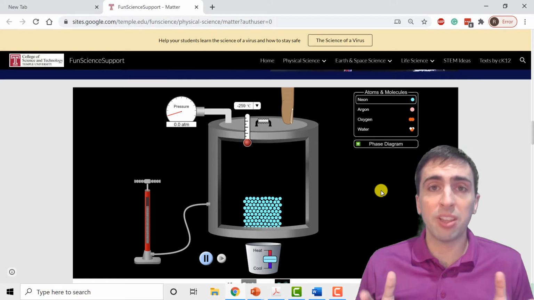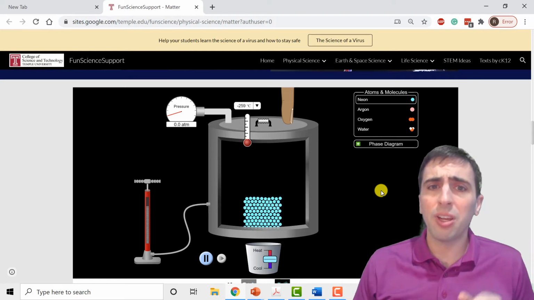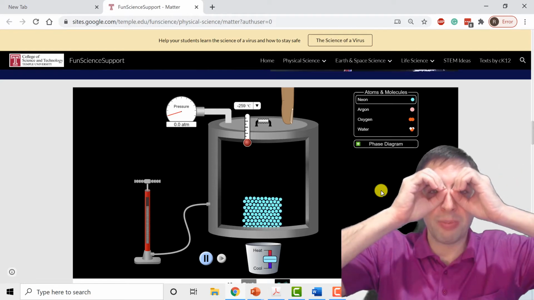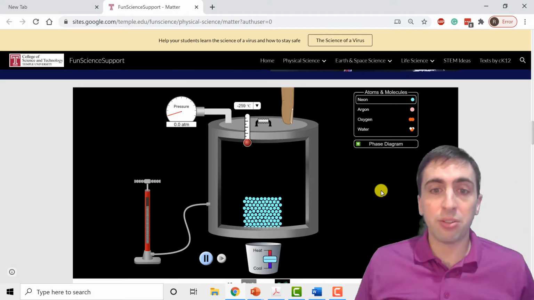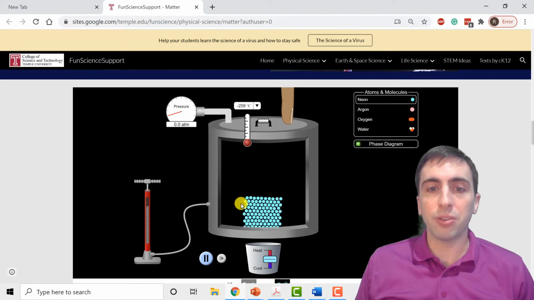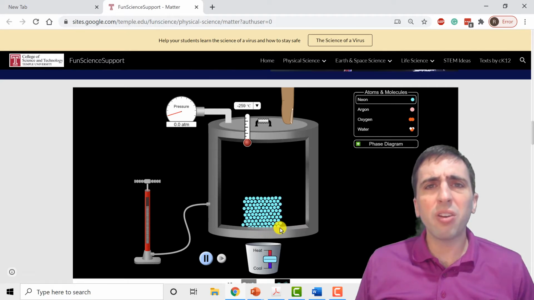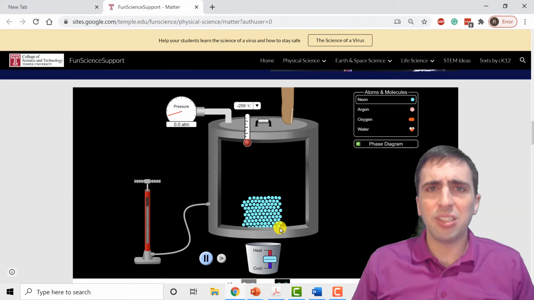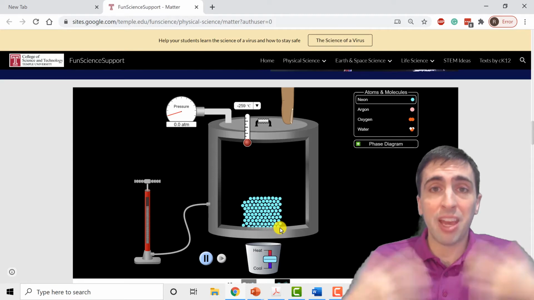Okay, so we look at this. Oh, it's so cold. Minus 259 degrees Celsius. Let's make another observation about the particles. Are they moving around very much? Are they moving everywhere? No, I don't think so. Do they have a lot of energy?